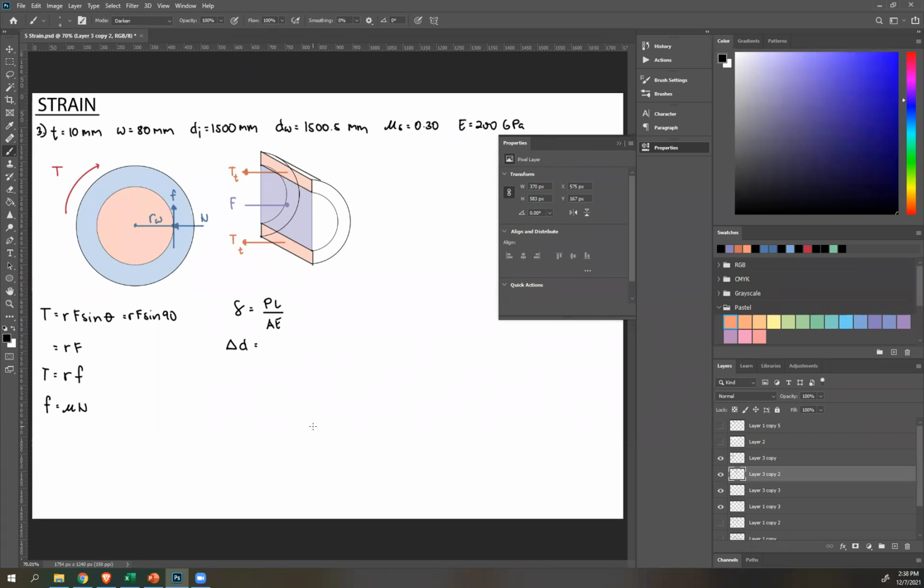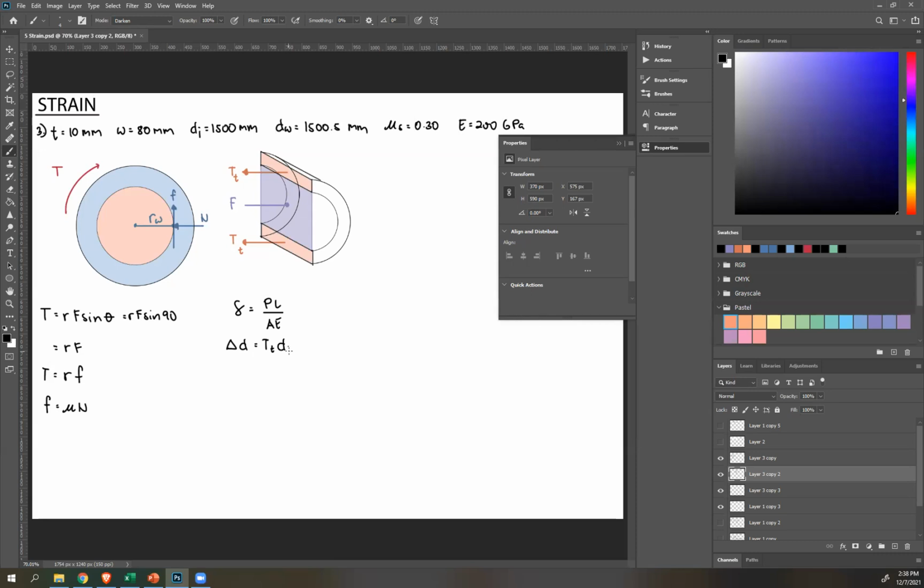Now this P is the load causing deformation or resulting from deformation. In our case, there's no applied load. So what we'll talk about is the internal load causing deformation, or rather internal load due to deformation. And as you can see, the internal load in terms of our tire is this P, so P sub P. And then we're not talking about original length, we're talking about diameter.